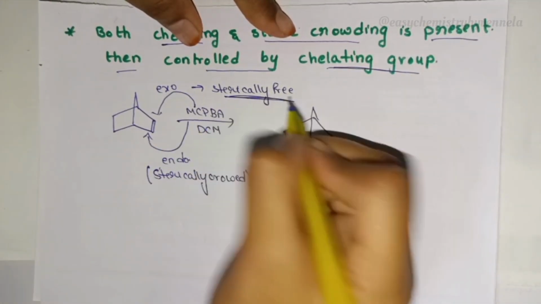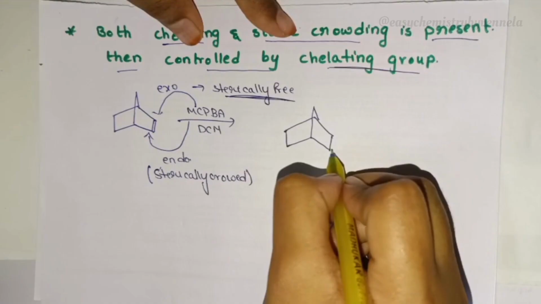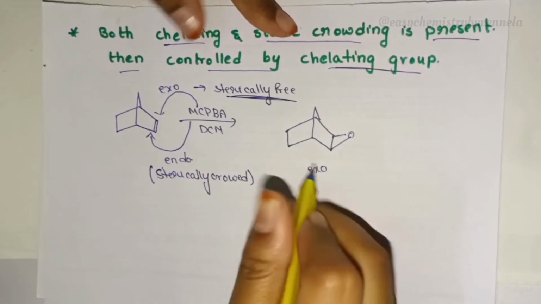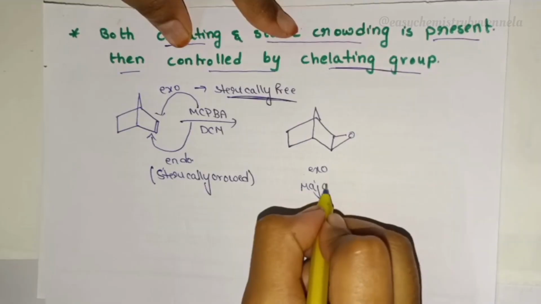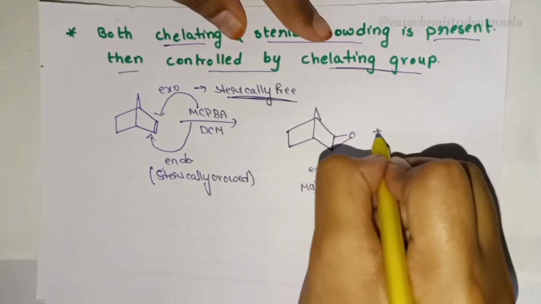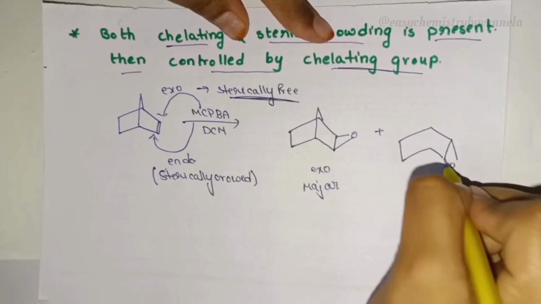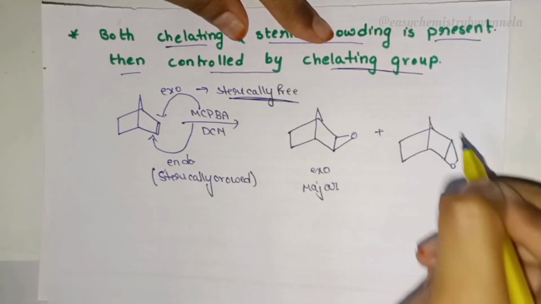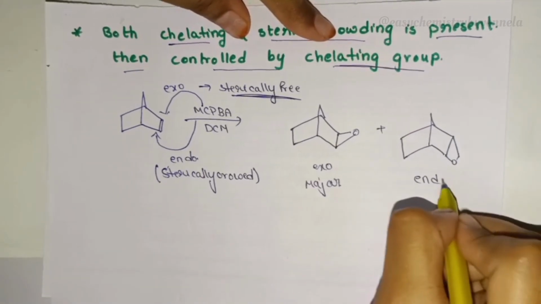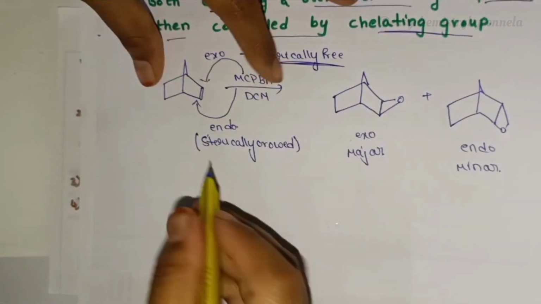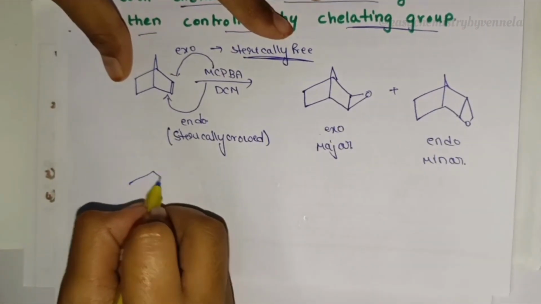Exo, because you have to consider the sterically free side. Exo is major. Endo is minor. I am giving another example, then you can easily understand.